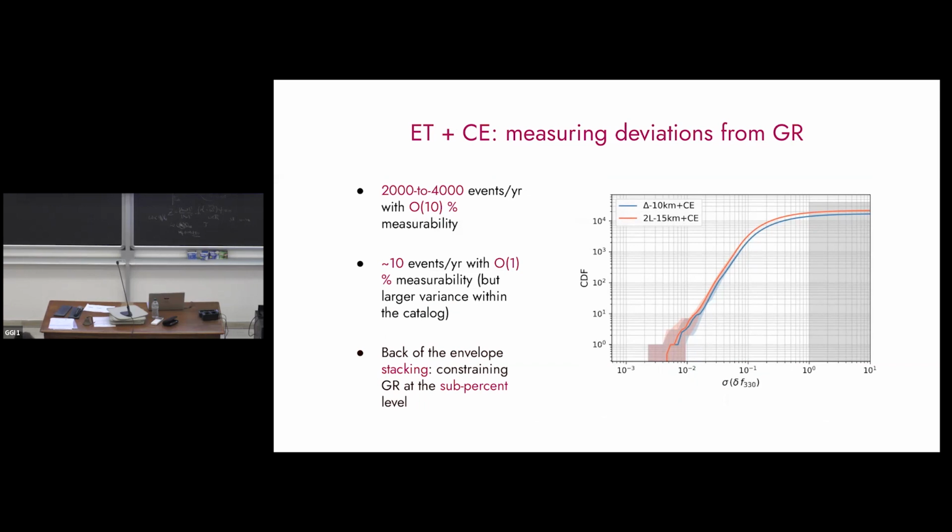And even at the percent level of measurability, you have order of 10 events if you combine ET plus CE. So if you do a back of the envelope stacking calculation, you will be able to constrain GR at the sub-percent level.